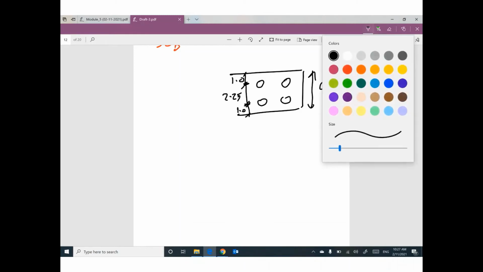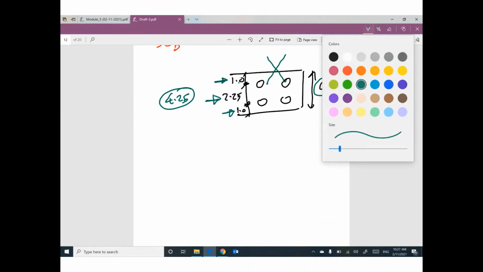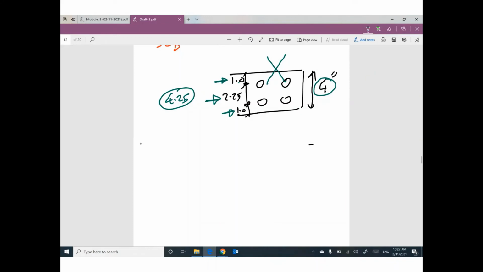So I cannot reduce this distance smaller than 1. I cannot do it for this one, or for this one. However, the sum is 4.25, which is bigger than the actual width of the member. This arrangement is incorrect. You have to change this arrangement.